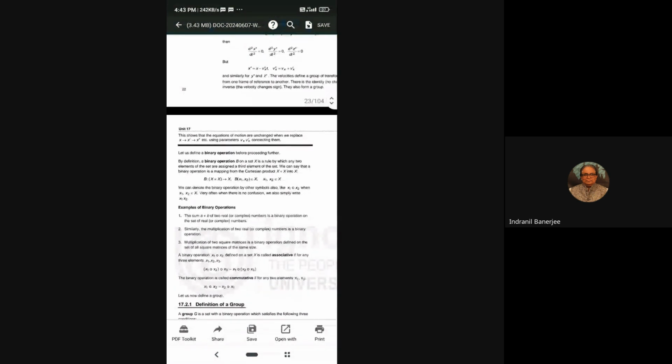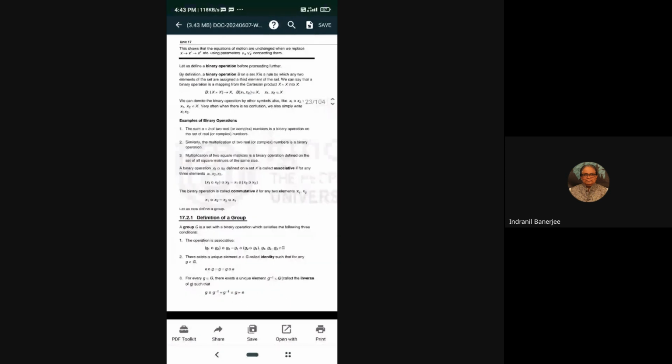The sum a plus b of two real or complex numbers is a binary operation on the set of real or complex numbers. The multiplication of two real or complex numbers is a binary operation. Multiplication of two square matrices is a binary operation defined on the set of square matrices of the same size. Okay. So there are associative and commutative relations like this.